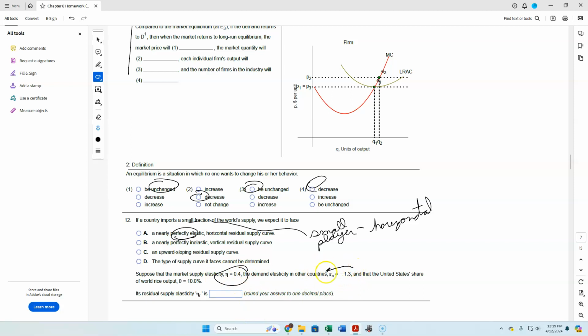The demand elasticity in other countries is negative 1.3, and it's a 10% share. So here, what we would be doing is that you would have to solve for number 12.